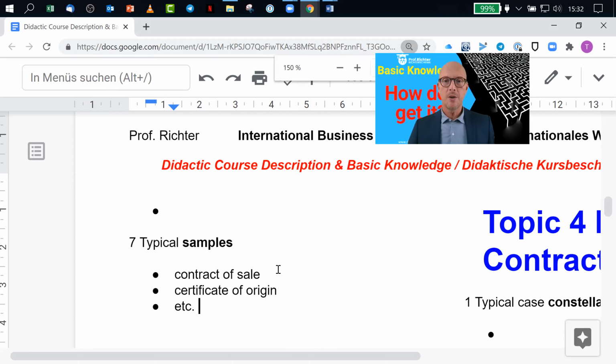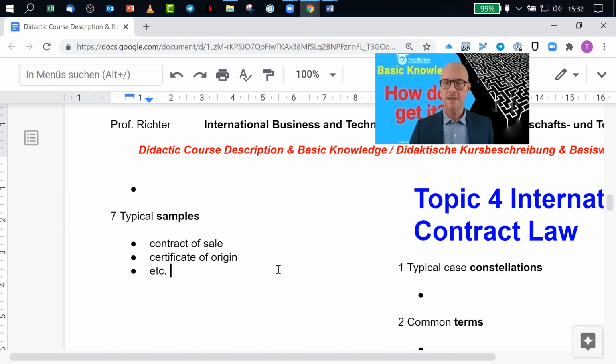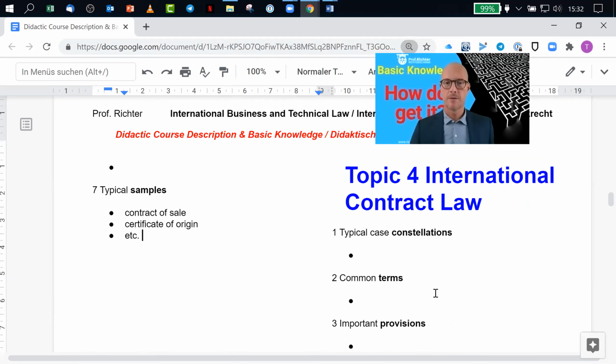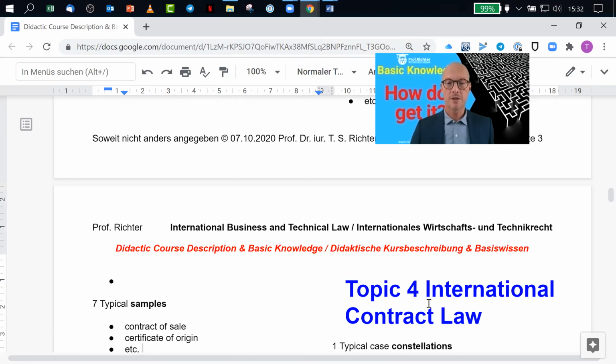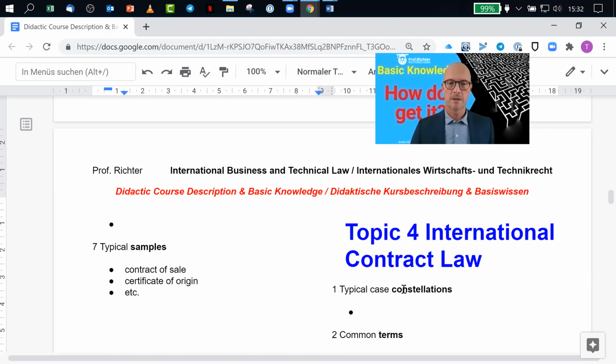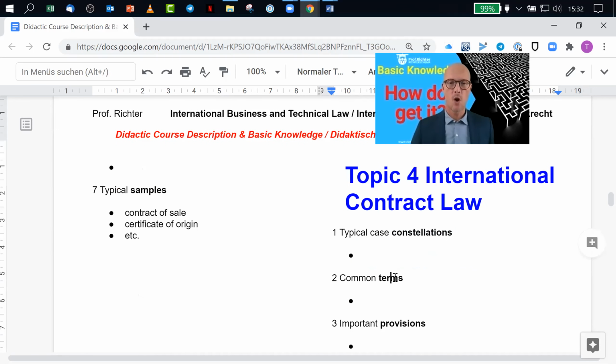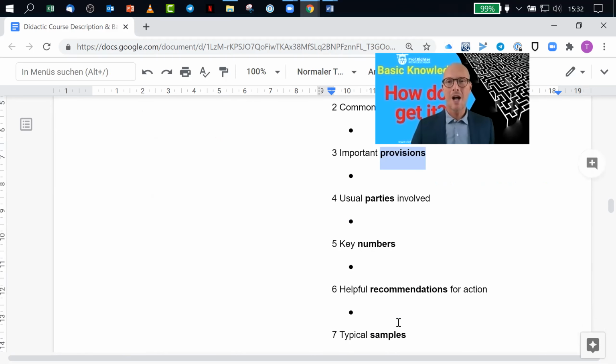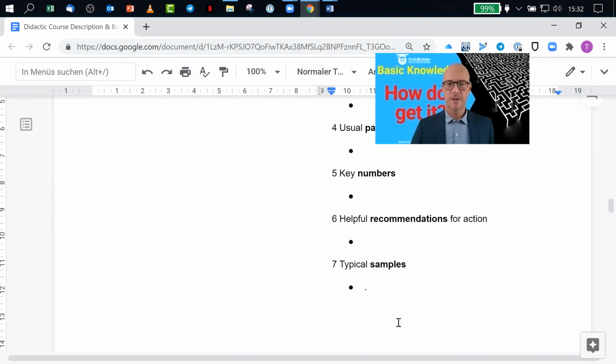Okay, so that's how you, in the next weeks and months, should gather all the most important basic knowledge. If we go further to the contract law, please find out the typical case constellations, the terms, the provisions, which are always helping you to solve cases.